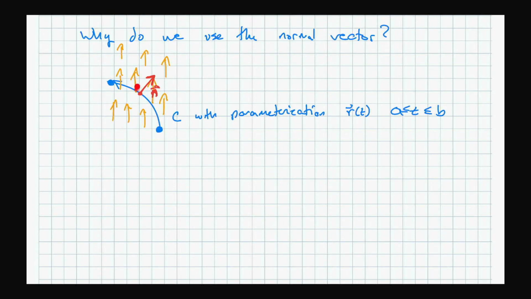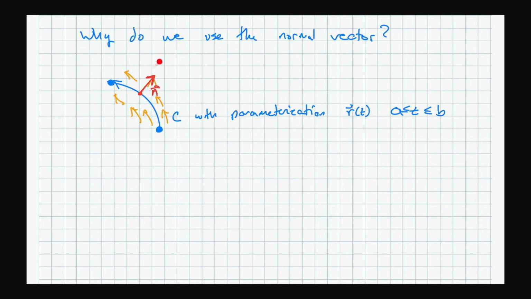when the fluid and the normal are in the same direction, then more of the fluid is going to be crossing this curve. What if my field lines were like this? How much fluid would be flowing through the curve C? None, right? If the fluid is basically flowing along the curve, none of it is crossing through.